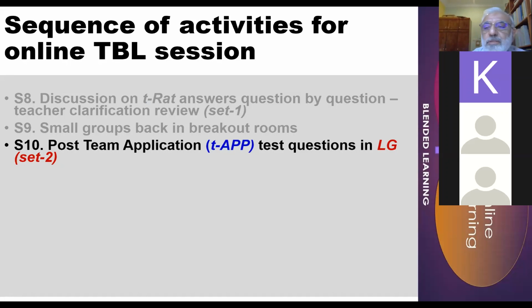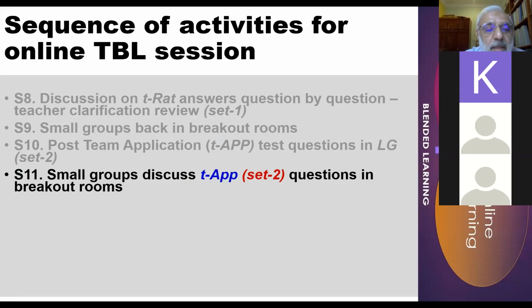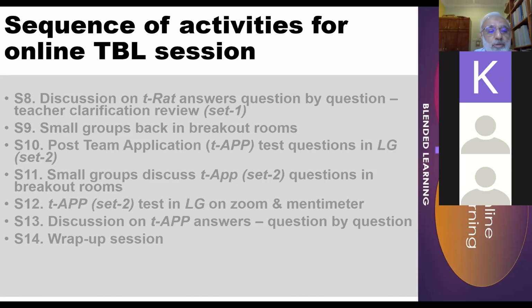The same process goes through: they discuss in their breakout rooms and come back after a fixed time, and then the team application test is conducted using Zoom and Mentimeter. So that's how the process is completed.